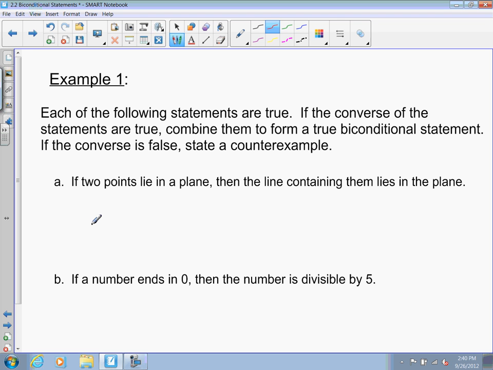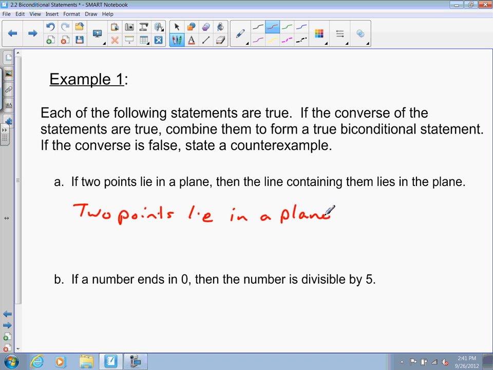If the line containing 2 points lies in a plane, then 2 points lie in the plane. That seems to make sense to me, so I'm going to say the converse is true. And now we're going to combine them to form a biconditional statement. So here, to write my biconditional statement, I'm going to say 2 points lie in a plane.